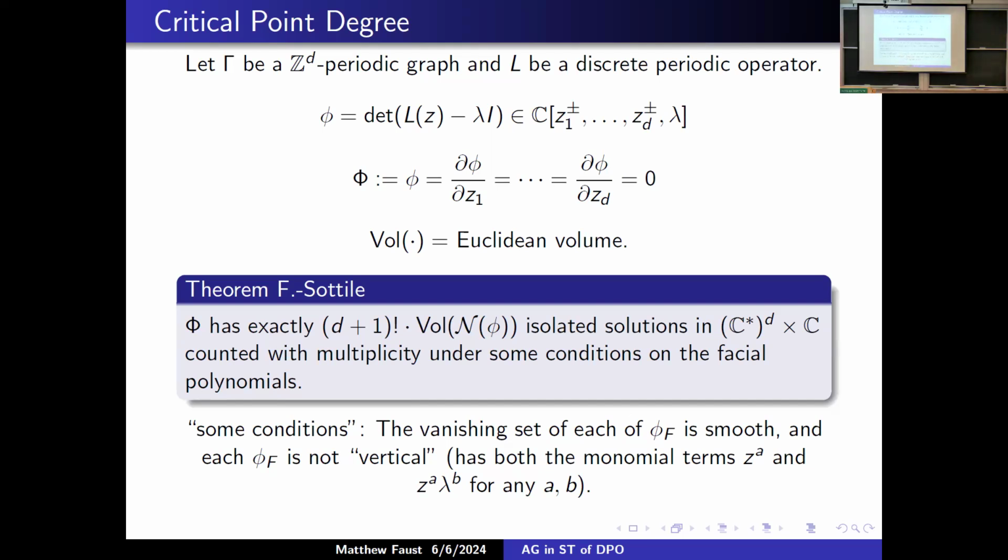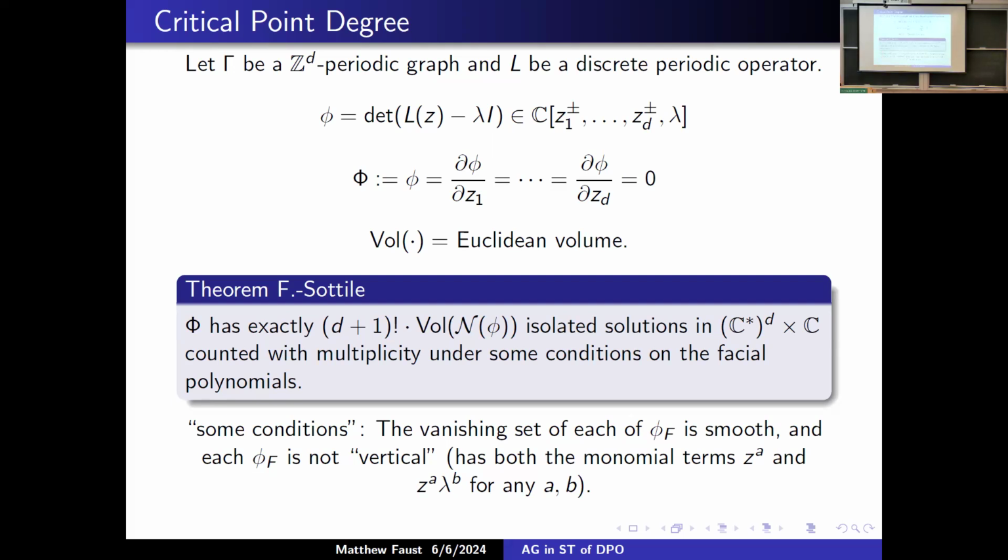So after we found these conditions for when our collection of critical points actually satisfies this bound, we want to know if we can come up with a family of operators that satisfy these assumptions.